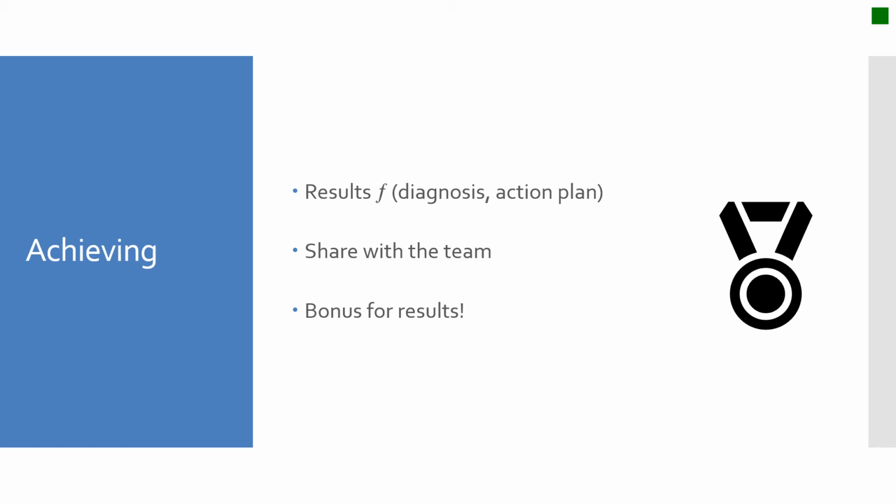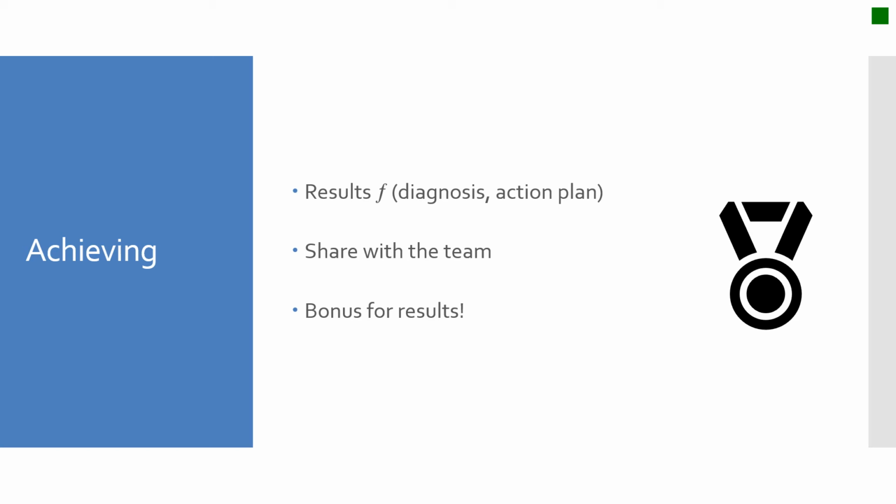Now it's about talking about achievements. The first step is making sure that we know in advance what kind of results might be there for us. And this, of course, depends on the right diagnosis of the situation and about an action plan to make it happen.